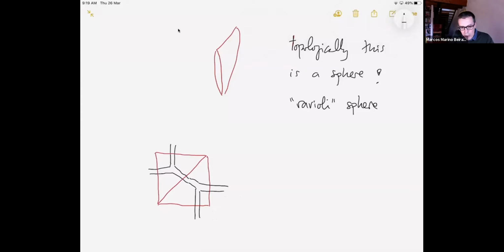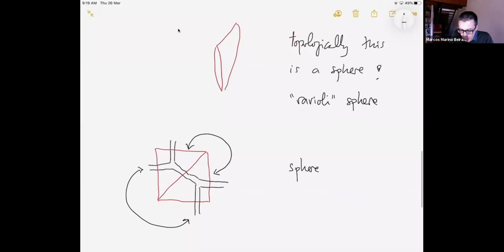So when I represent this gluing through gluing of triangles, I'm joining these two sides here, and now the gluing of these two lines and these two lines is an instruction to identify these two faces. Okay, so this is an instruction to identify these two faces. So again, you can see how the ravioli is formed. I glue this face with this face and this face with this face, but this is again a sphere.